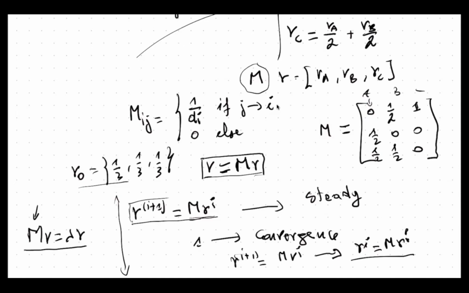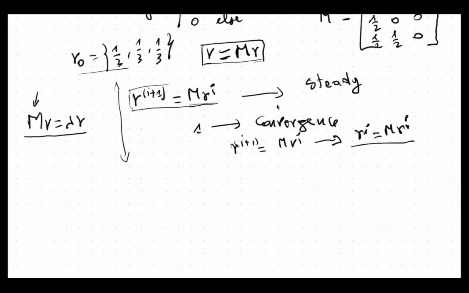So what Google does is assume a damping probability, which they call G, the probability that you can randomly jump from one node to another node.